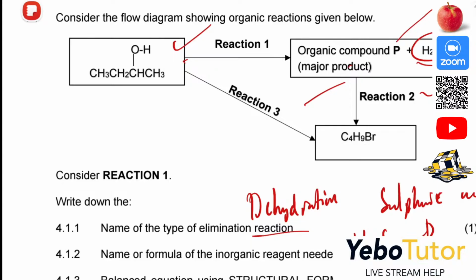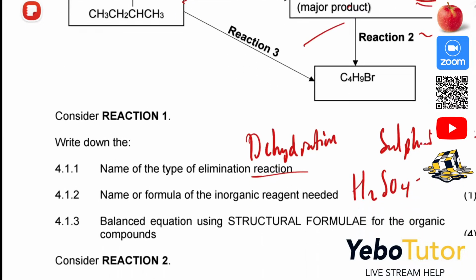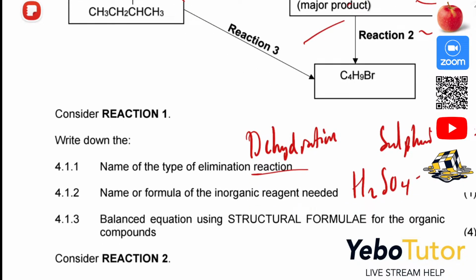We always use sulfuric acid as the inorganic reagent that assists us to eliminate using this dehydration method, producing compound P and water as well.